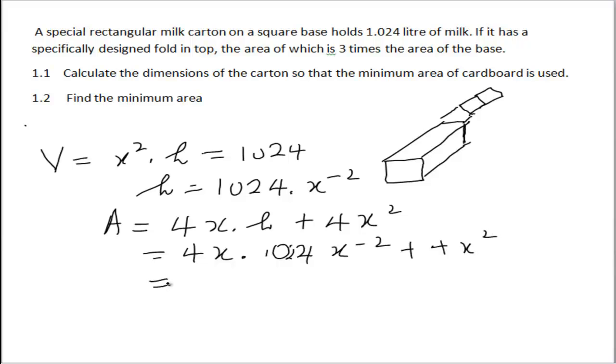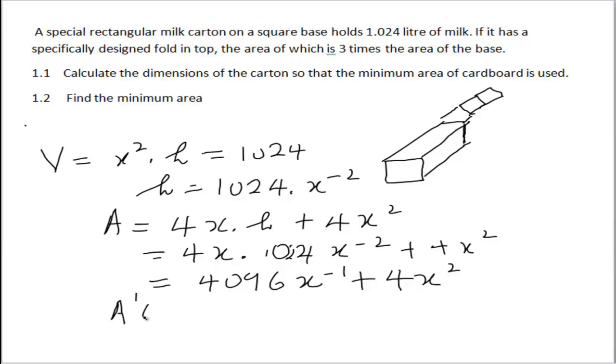So what you get here now is 4096 times x to the minus 1 plus 4x squared. Now the question reads, calculate the dimensions of the minimum area. So we want to minimize that.